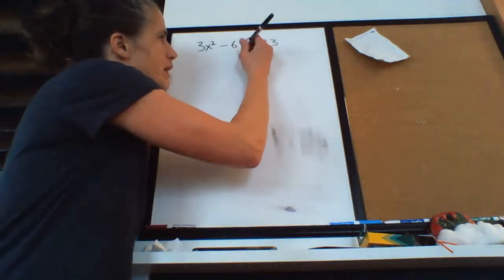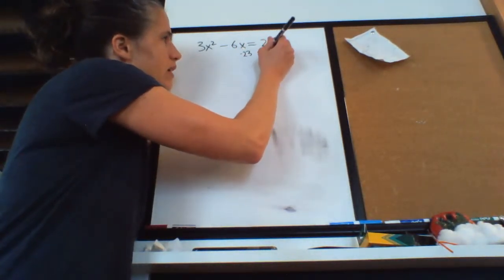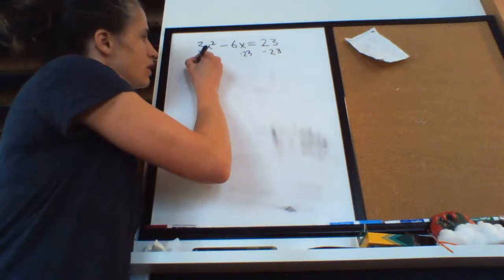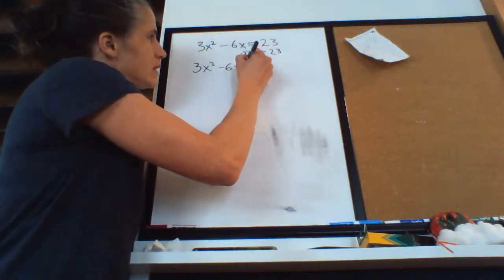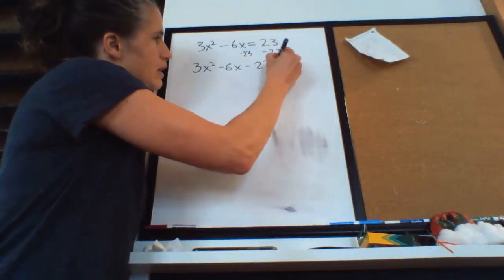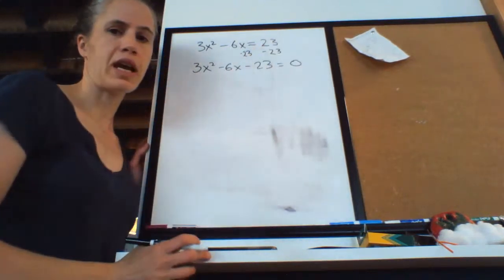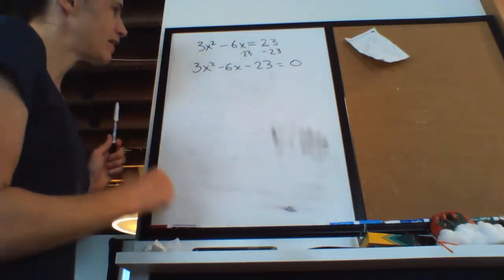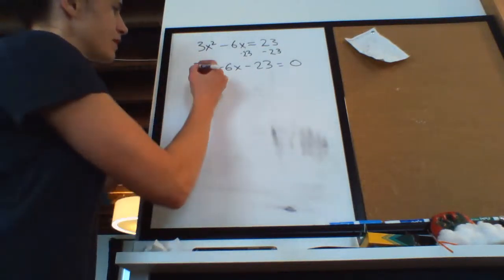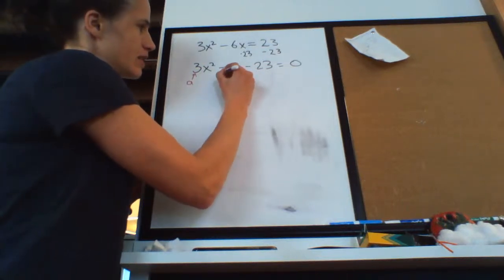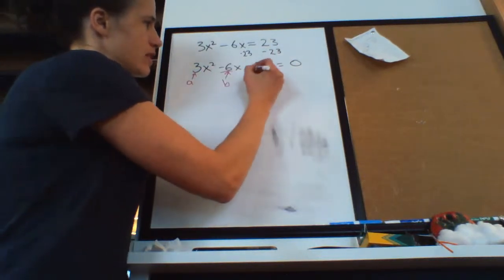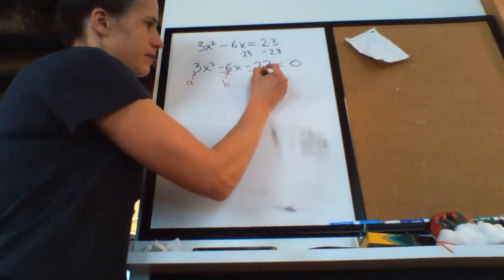So we're going to bring that 23 over by subtracting 23. So I get 3x squared minus 6x minus 23 equals 0. Okay, I can now identify my A, B, and C. So this is A. This is B, and remember, you pay attention to the sign. This is C.